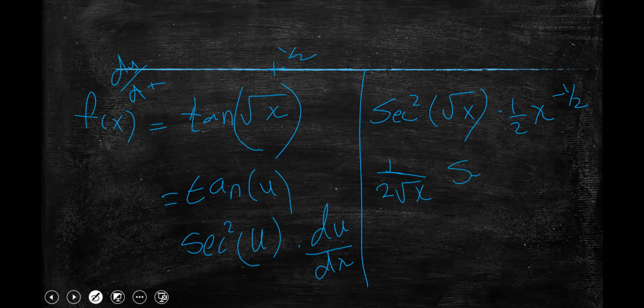If you have f of x equal cosine of (2x squared minus 1). Okay, what do you have to do? The first step, you have to find the derivative of cosine. What is the derivative of cosine? Negative sine. So you will write it as negative sine of (2x squared minus 1).